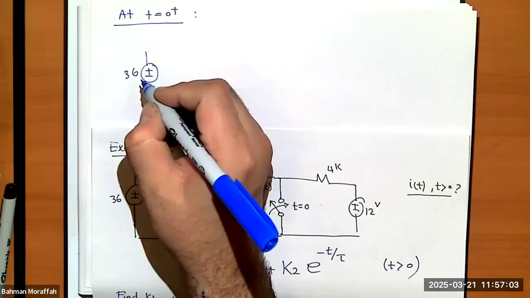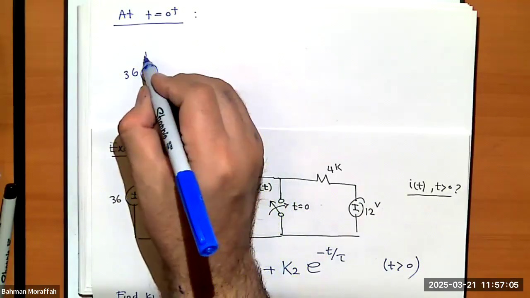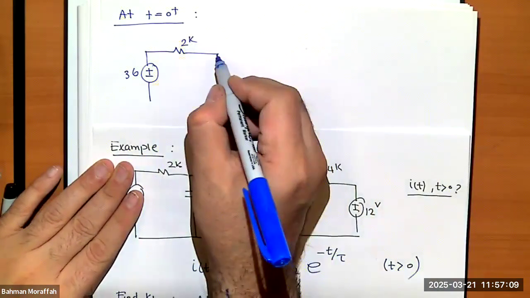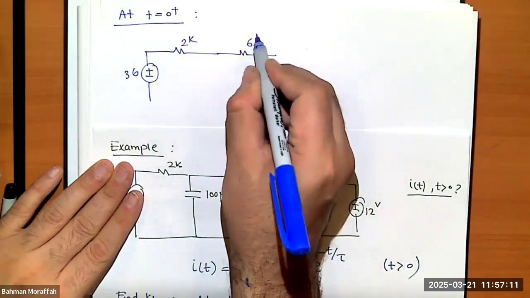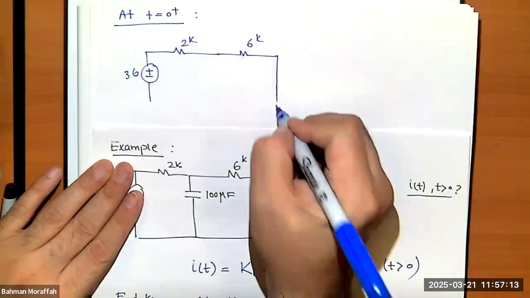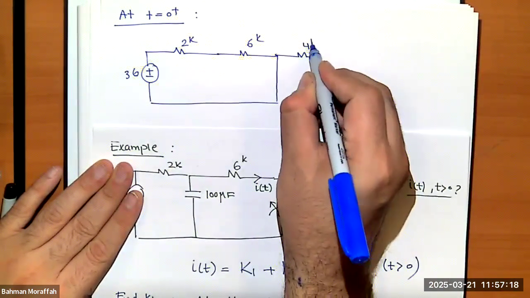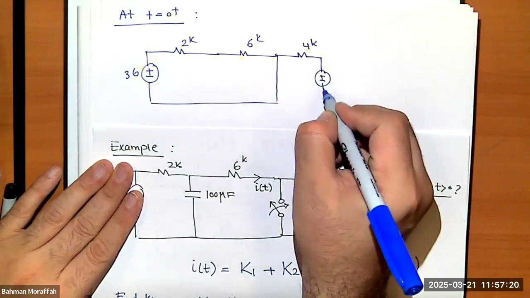I have this 36. I have this 2K. I have this 6K. This is closed. I have this 4K. And I have this 12.